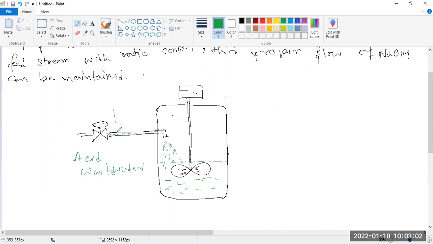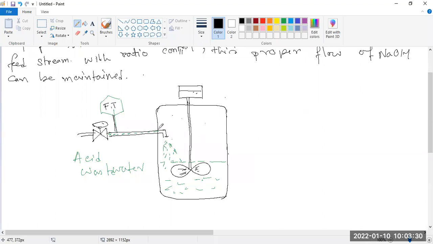Okay, so here we can apply some flow transmitter. This is a flow transmitter, okay, because we have to measure this. And look, this stirrer is not controlled anyway. This is automatically just revolving.